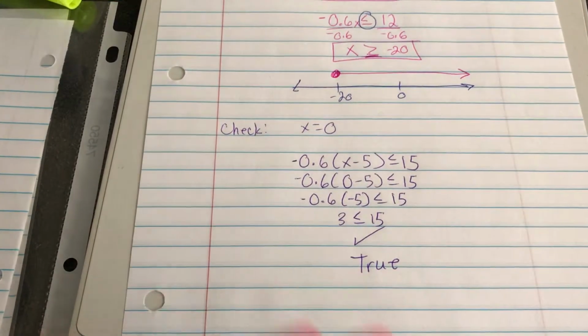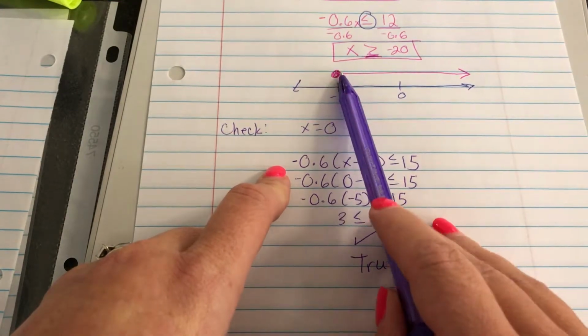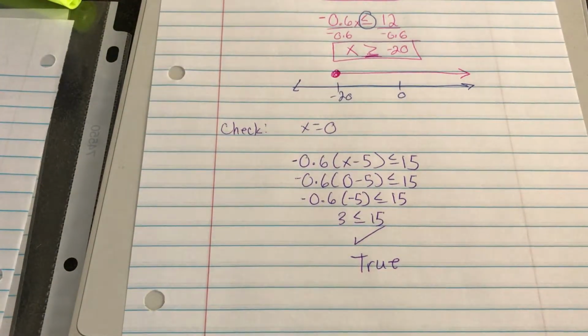So what you're saying, when you're actually graphing an inequality, what you're telling me is no matter which number on this one, including negative 20, I can put in negative 20 or any number greater than that, and my inequality will always be true. Could I put in 10 and it be true?